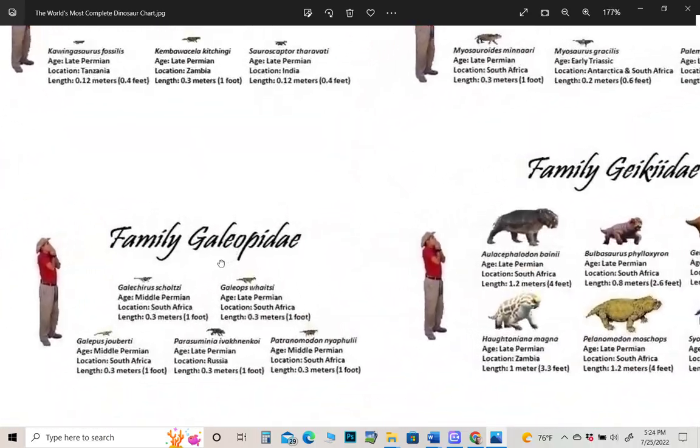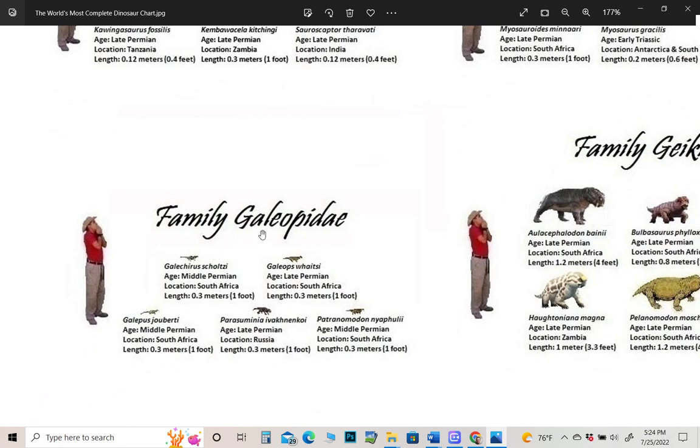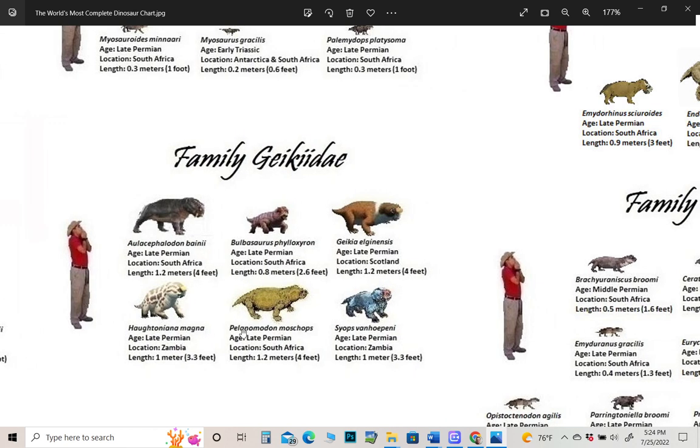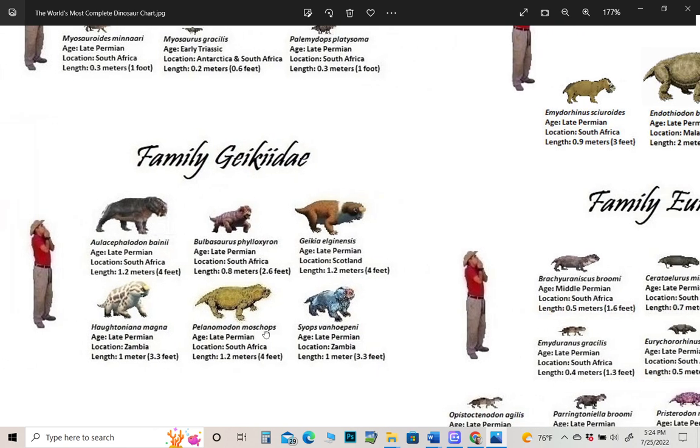Next bunch of families. The Galeopods: Galeochirus, Galeops, Galeopus, Galeochirus, I mispronounced that, I think. Okay, Galeopus, Parasuminia, Patranomodon. The Geckids, there's a difference from geckos, or geekids, I don't know exactly how it's pronounced: Alacephalodon, Bulbasaurus, Geckia, Hautoniana, Pelanomodon, Cyops.